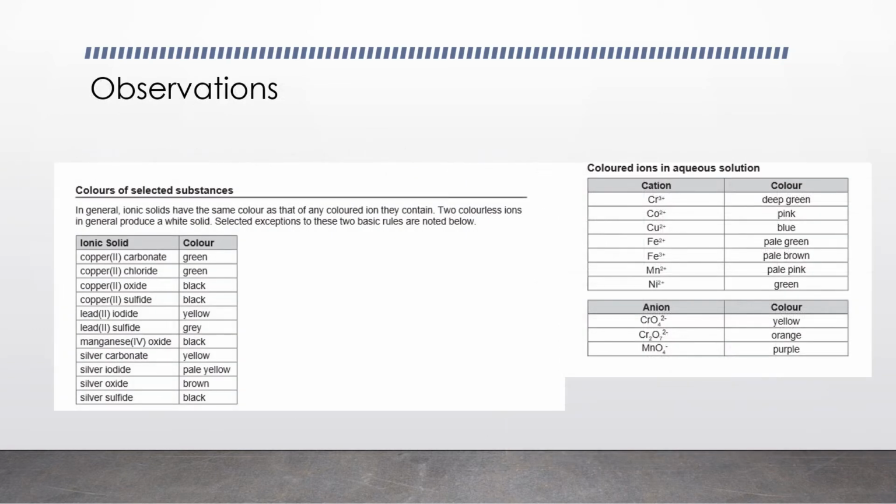Let's have a look at doing observations. All metals except copper and gold are silver, and magnesium chloride solution, checking your coloured ions in aqueous solution table, is a colourless solution.